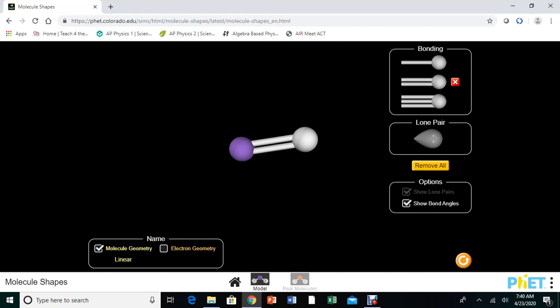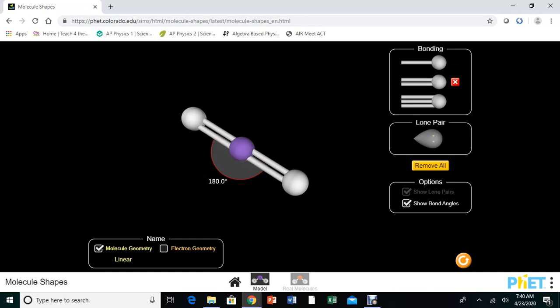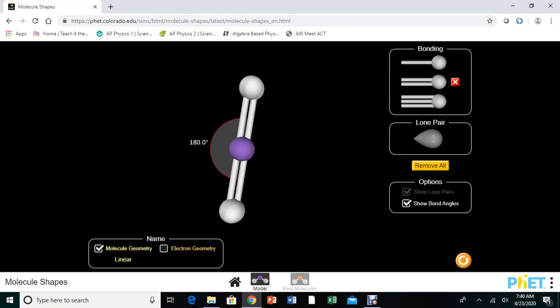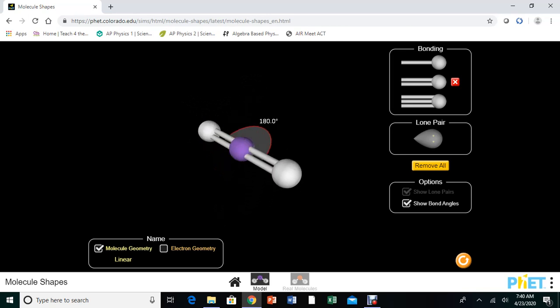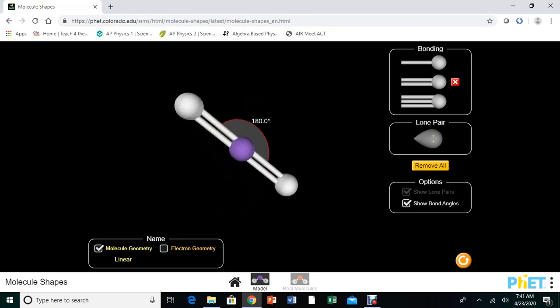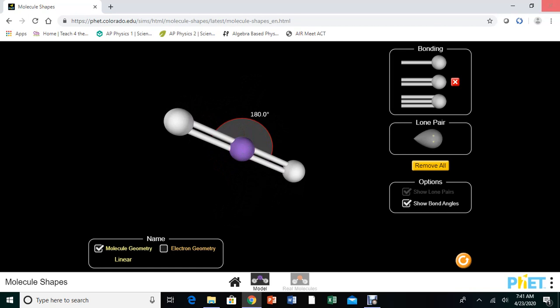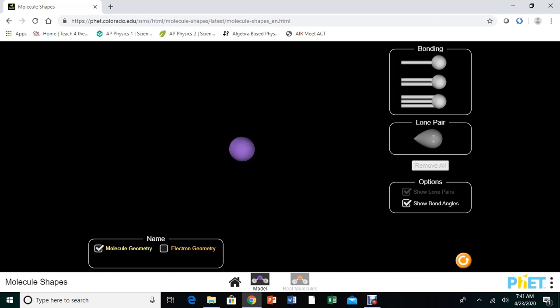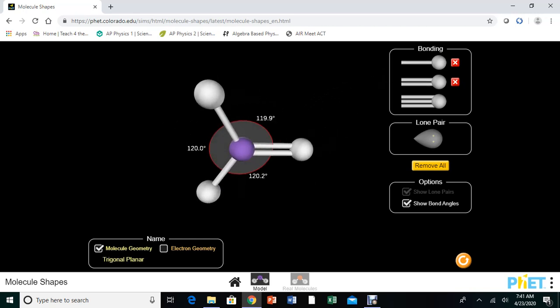We could have two double bonds, and this bond angle still be 180 degrees, and this molecular geometry still be linear. We could have two single bonds and a double bond, like NO3 -1, which is still, the bond angle is 120, and the molecular geometry is still trigonal planar.